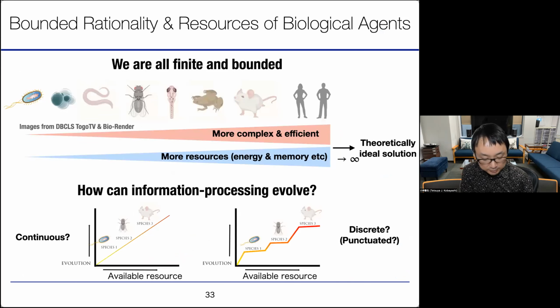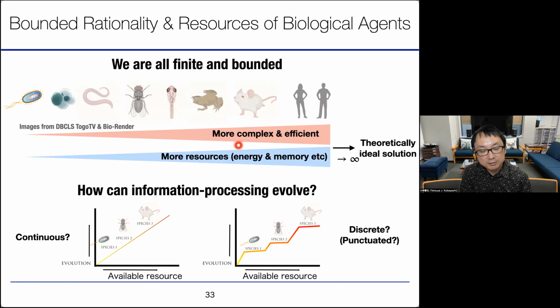But we know that all biological systems are finite and also bounded in terms of available resources. Depending on the amount of the resources they can use, the behavior and information processing of these organisms may change.